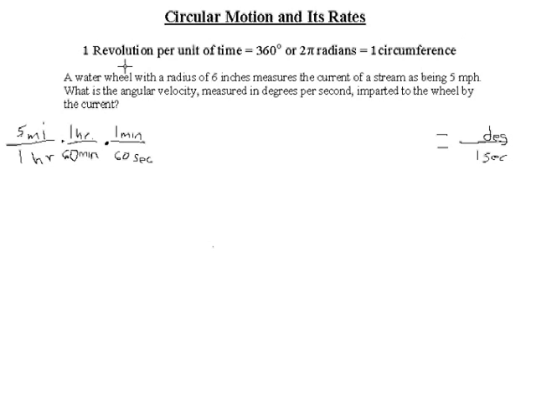We can equate that one revolution to both an angular unit of measure, since one revolution would be one circle, therefore it's 360 degrees or 2 pi radians, and we can relate it to circumference, which in reality means when you measure around a circle, it's like cutting the circle and stretching it out as a line to measure it. It's a linear measurement.